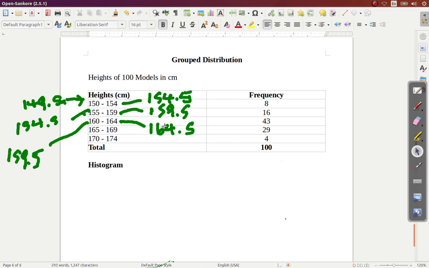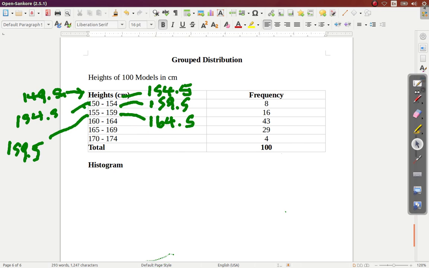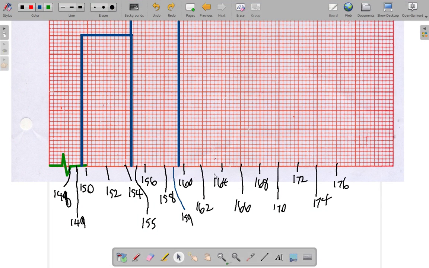Because remember, if it's just a bit less, say 164.499, we'll round it back down to 164. So the measurement could have been as high as 164.4999. Then we round it back down to the nearest centimeter as 164. So 164.5. We're going to use 164.5.